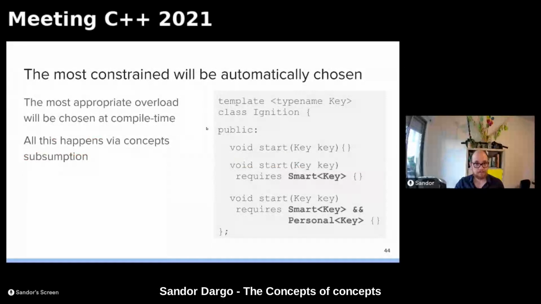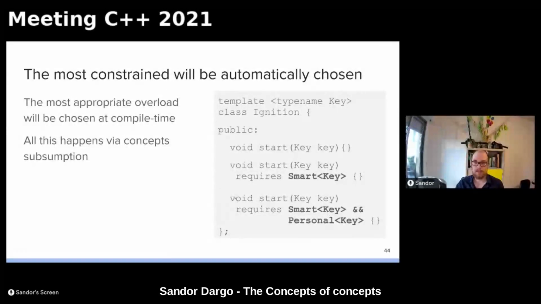But it might happen that you have more than 2 overloads. You have, let's say, 3 overloads or even more, and then the compiler will choose the most appropriate one. So here we write some constraints on the key in this class. We have a generic one. We have one where the key should be smart. We have another one where the key should be smart and personal.